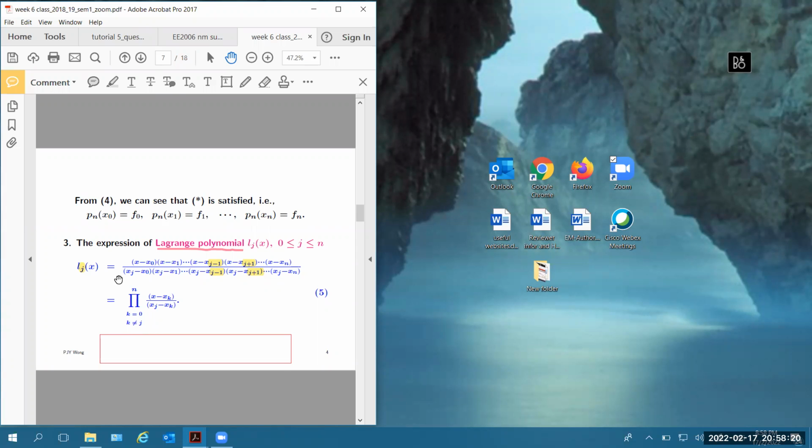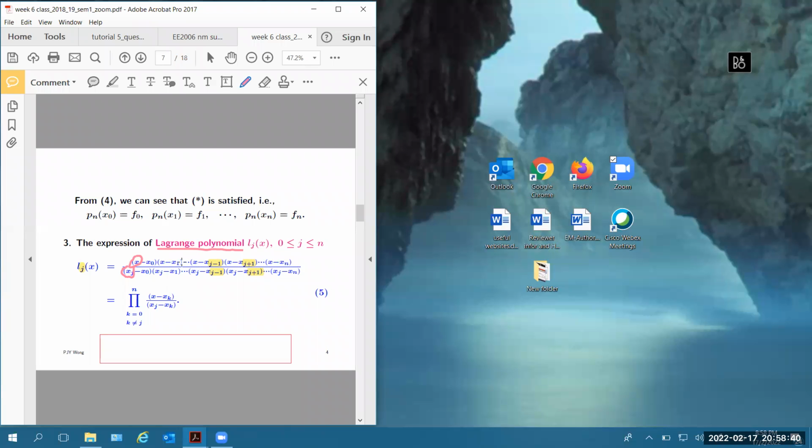Then your denominator is about the same. The difference is that here it is x, but the denominator is xj. Can you see?